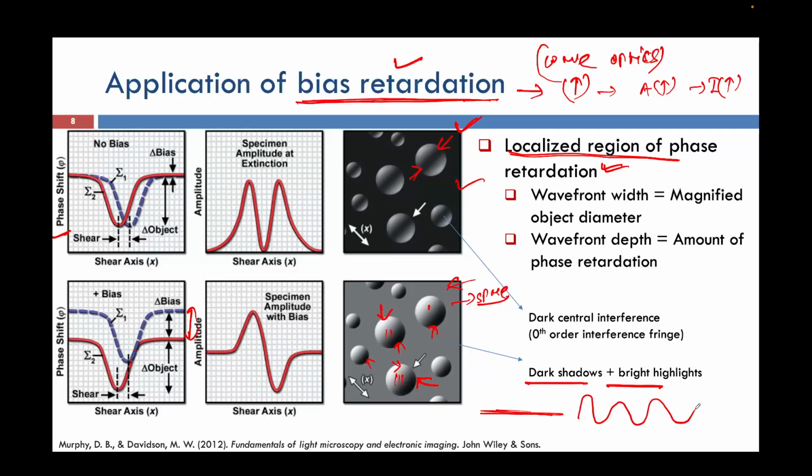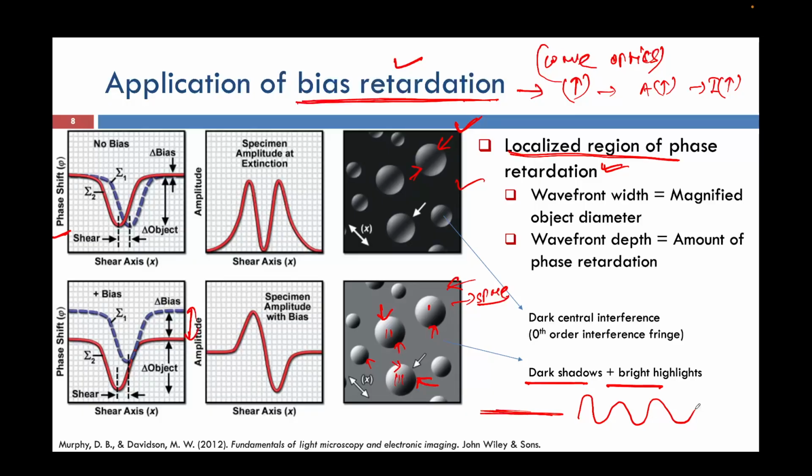So this kind of appearance it will give. But in DIC microscopy we should not interpret that bright highlights and dark shadows necessarily depict three-dimensional features. So we have to be careful about that.